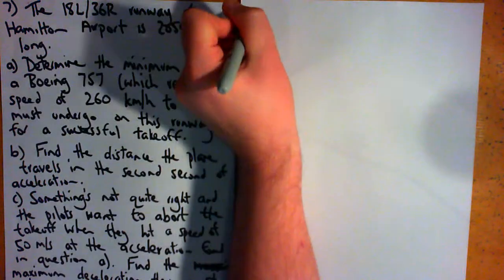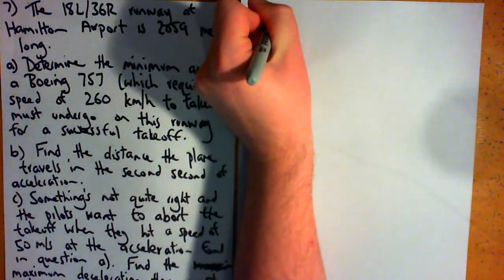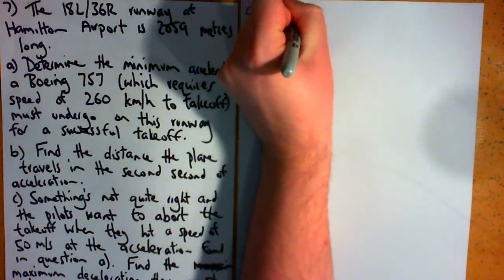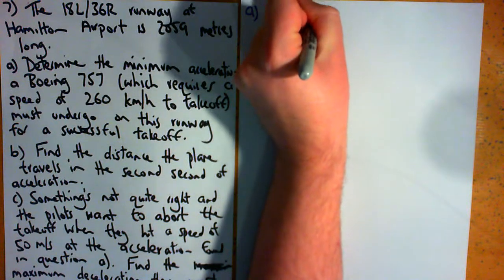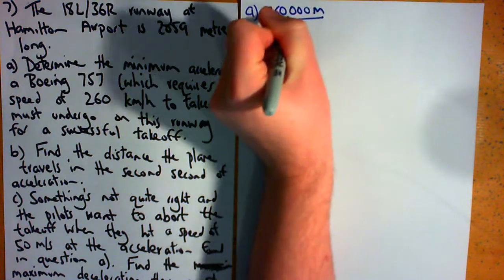So the first thing we need to do is convert 260 kilometres per hour into metres per second. So 260 kilometres per hour is 260,000 metres in 3,600 seconds.